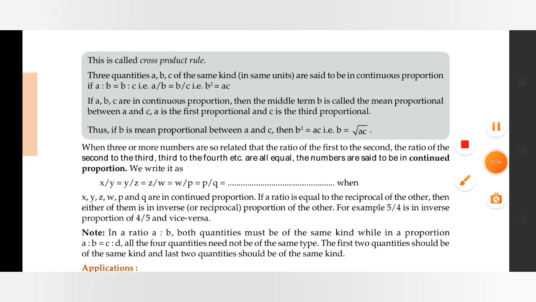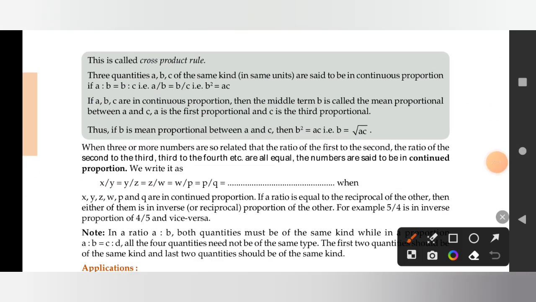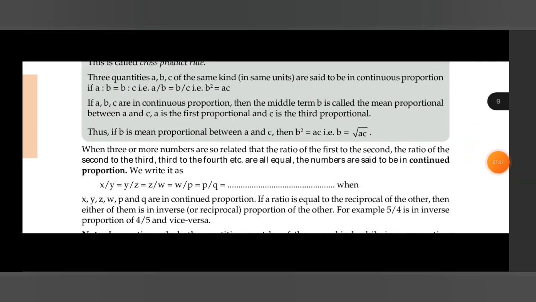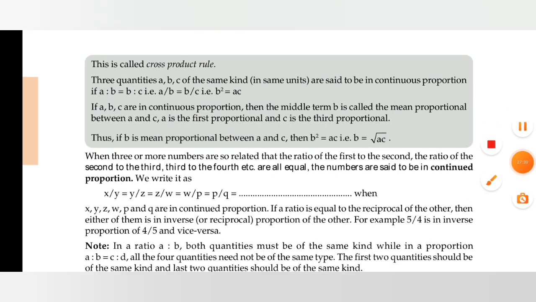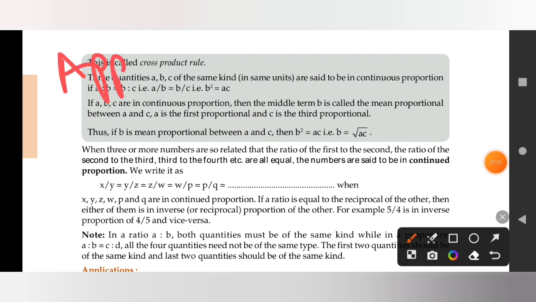So three quantities A, B, C of the same kind in the same units are said to be in continuous proportion. Three quantities of the same kind, for example, apples.